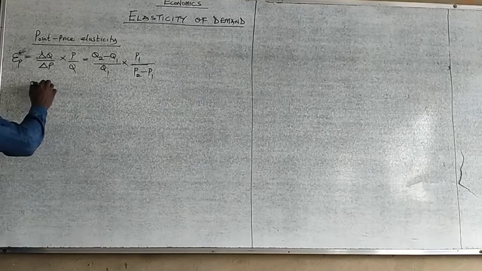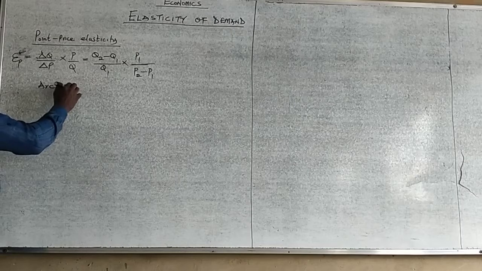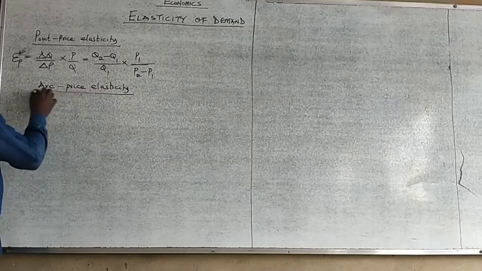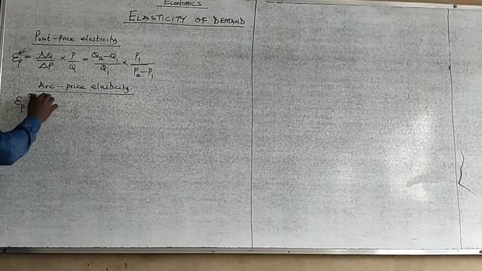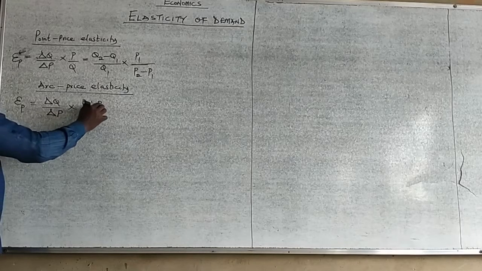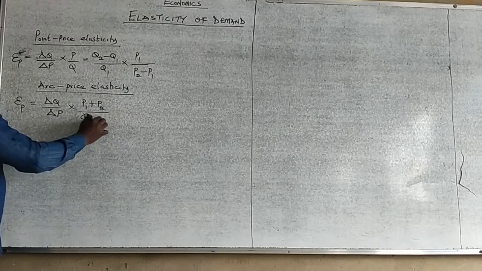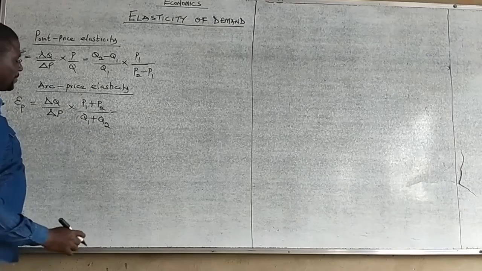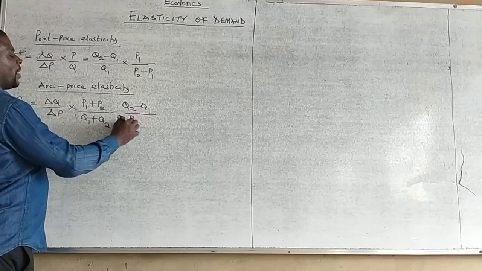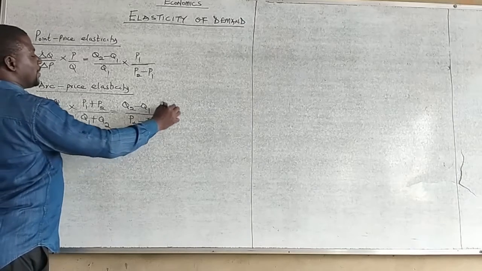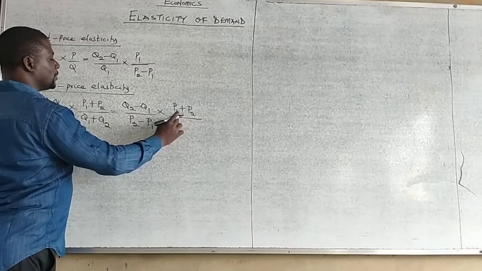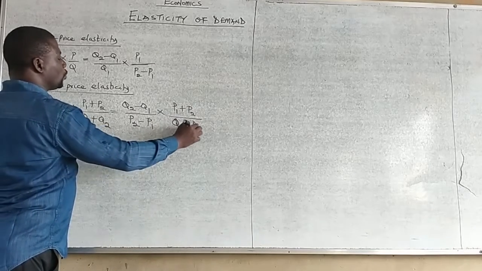Now, they can also say you should use arc price elasticity. That one is change in Q over change in P times P1 plus P2 over Q1 plus Q2, which is the same thing as Q2 minus Q1 over P2 minus P1 times P1 plus P2 over Q1 plus Q2.